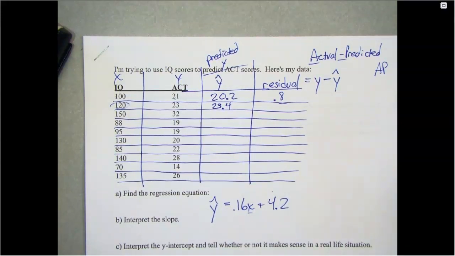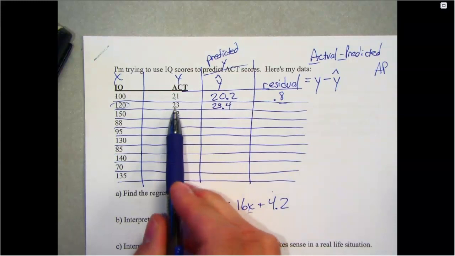On average, over the long run, people with an IQ of 120 average out eventually to get a 23.4. Can you get a 23.4 on the ACT? You can't get decimals, but the average can be a decimal, right? That person got a 23.